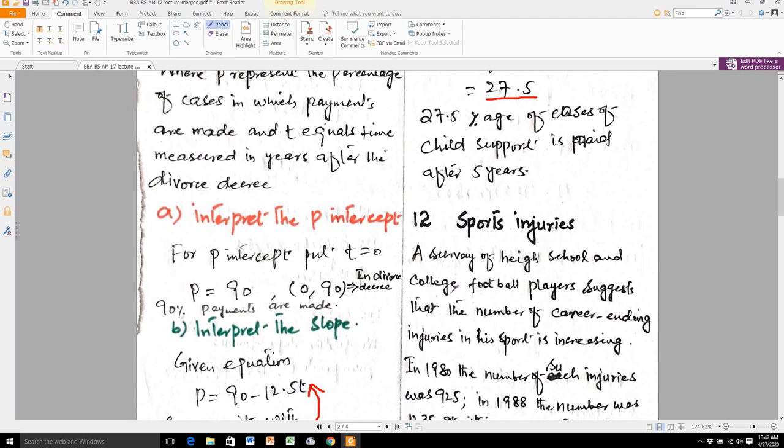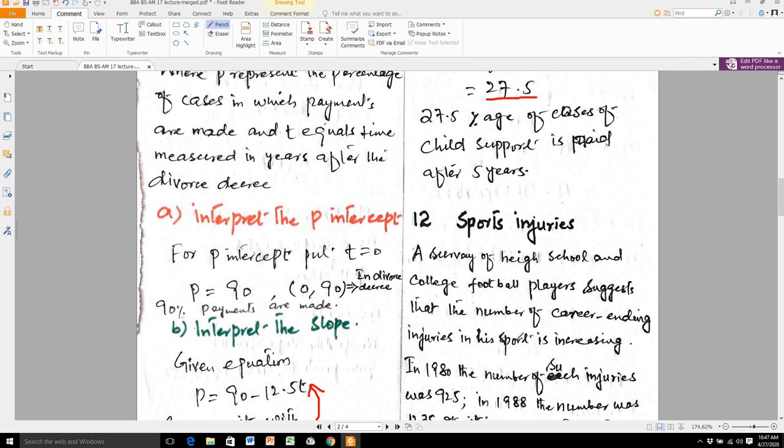A survey of high school and college football players suggests that the number of career-ending injuries, such as hamstring, backbone, thigh and shoulder injuries, which you see on TV screens in different programs, where players got different types of injuries and in the way of that injury their career comes to an end.